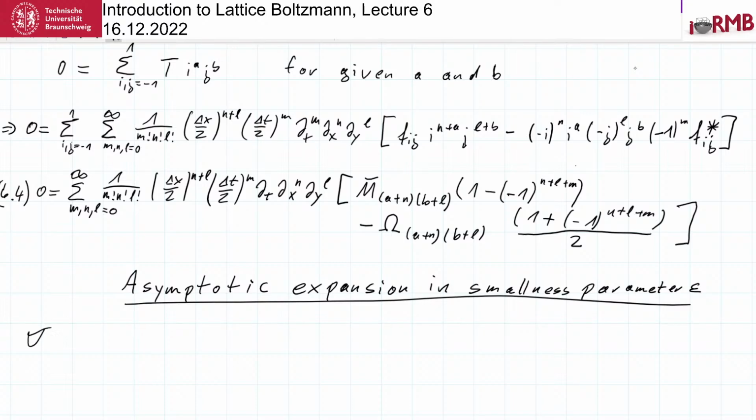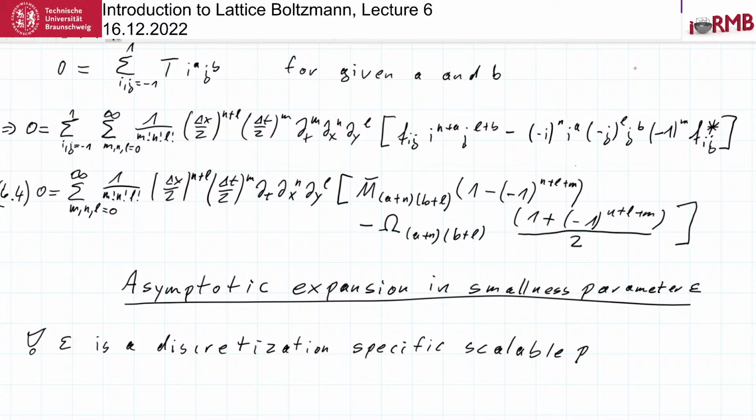Okay, I need a little bit of text for our notes. So epsilon is a discretization specific smallness parameter. The important thing is it's scalable. So it's something that you can change in your numerical method.